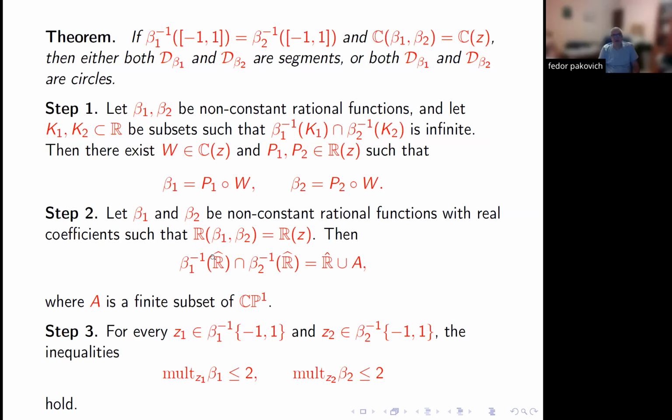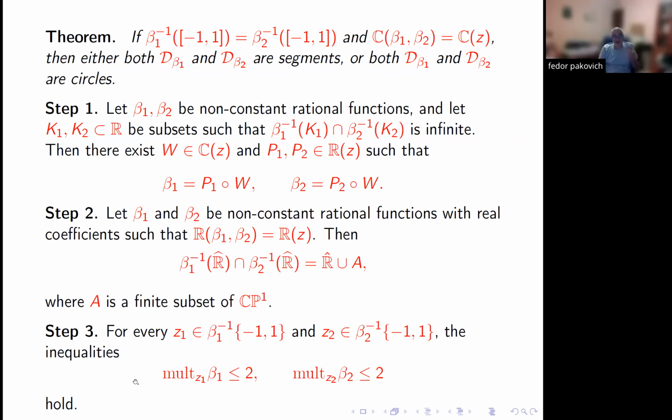The second step is to observe that if two rational functions generate the field, then the complete preimage of real x is only real x, maybe with some finitely many additional points, just because you can represent z as a rational function of beta 1 and beta 2, which gives real points if beta 1 of z and beta 2 of z are real.